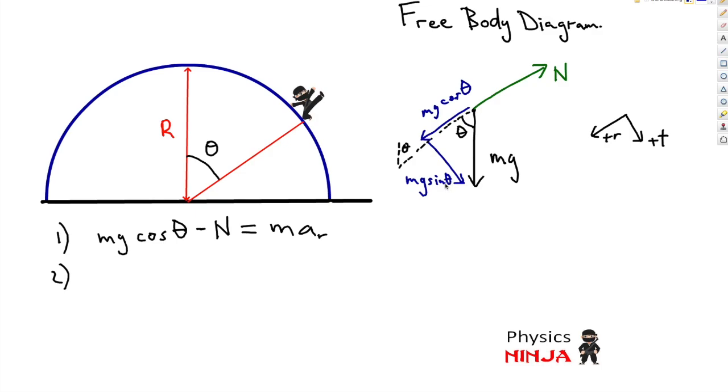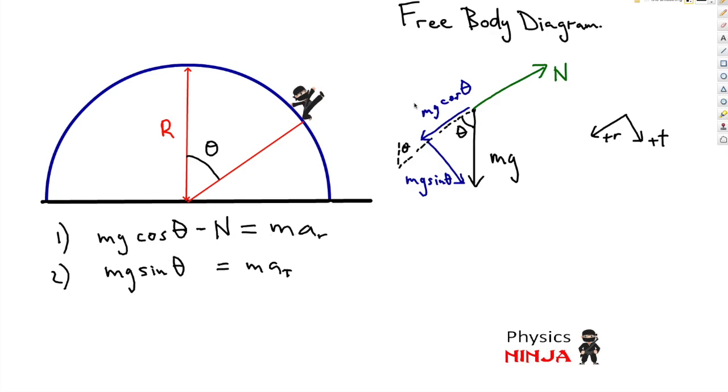That's really the only force. There's no normal force, and we're not considering any friction in this problem. Therefore, in the tangential direction, we simply have mg sine theta equals mass times acceleration, a different component of the acceleration, the tangential component. So these are our two equations.